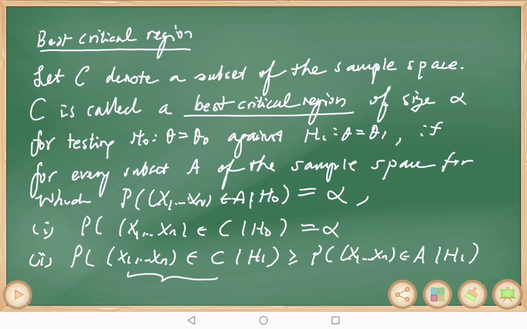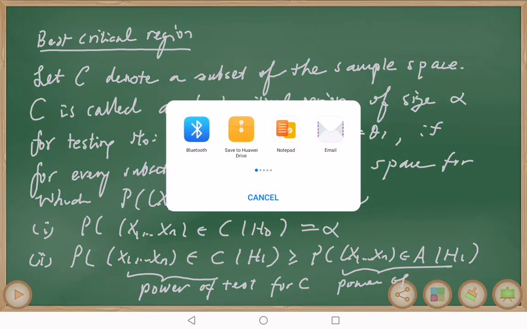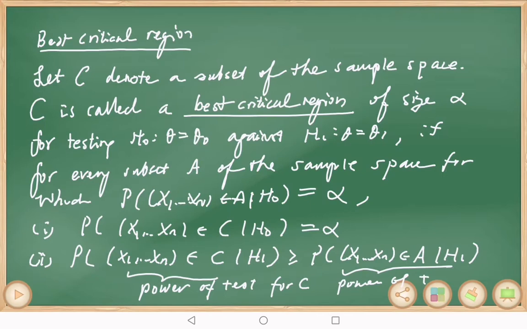We will say that C is the best critical region if both A and C have the same size, but then the power, the probability of rejecting the null hypothesis under the alternative, is greater. This is the power of the test for the critical region C, and this part is the power of the test for the critical region A.